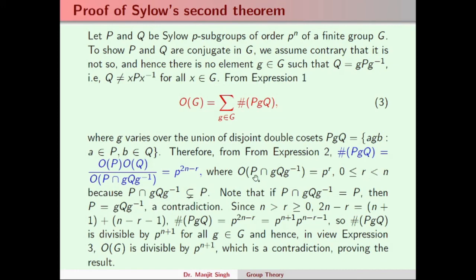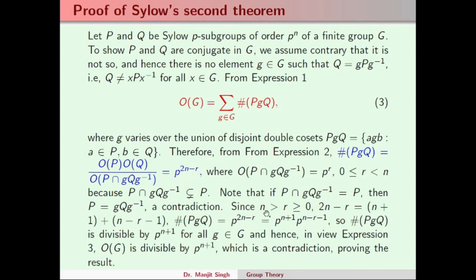Because this is a subgroup of P and it is a proper subset of P, its order will be less than the order of P. So finally we have the number of elements in the double coset PgQ is p raised to power 2n minus r.